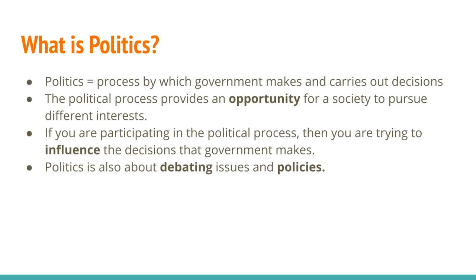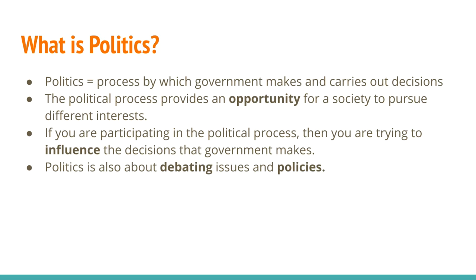So, what is politics? Remember, we've just been talking about government, so now let's dip into politics. Politics is the process by which government makes and carries out its decisions. So we often refer to the political process. The political process provides an opportunity for a society to pursue different interests, because if you are participating in the political process, you are trying to influence the decisions that government is making.